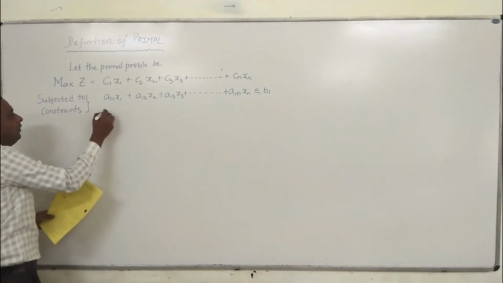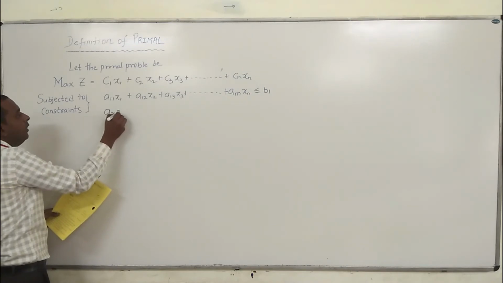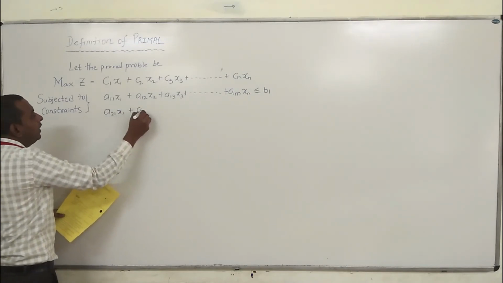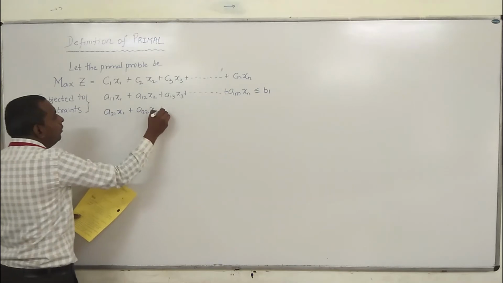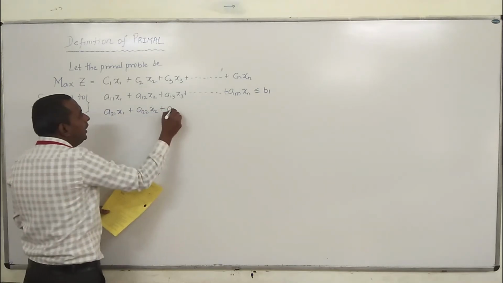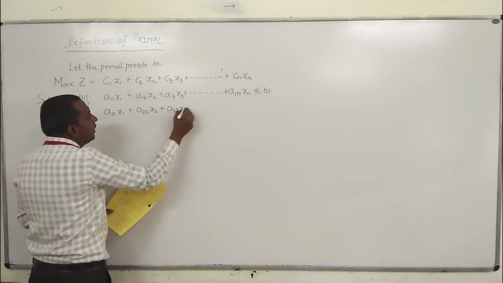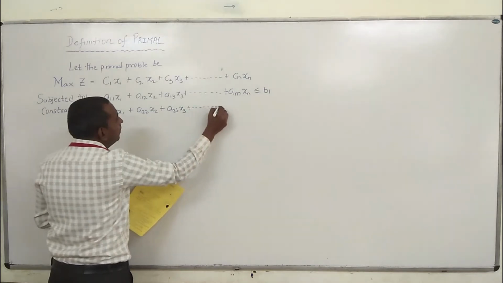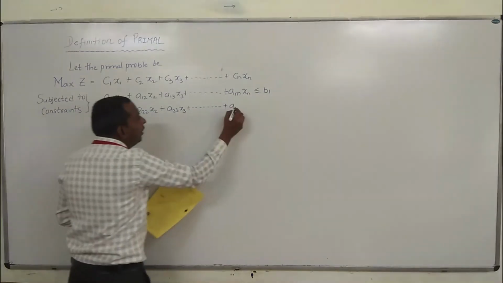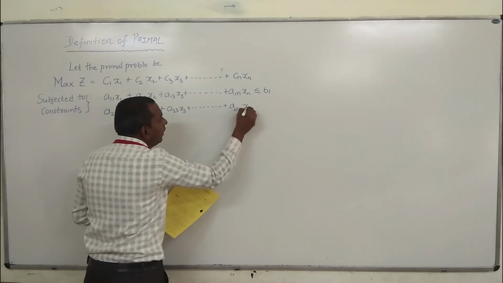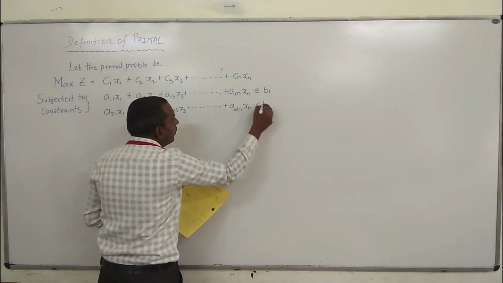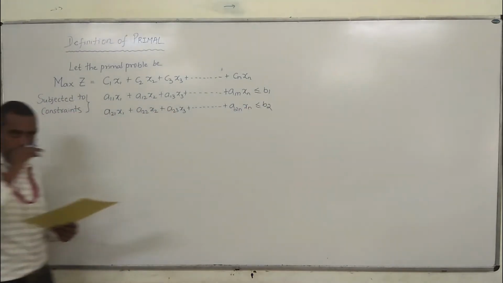The next one is a21 x1 plus a22 x2 plus a23 x3 up to a2n xn less than or equal to b2.